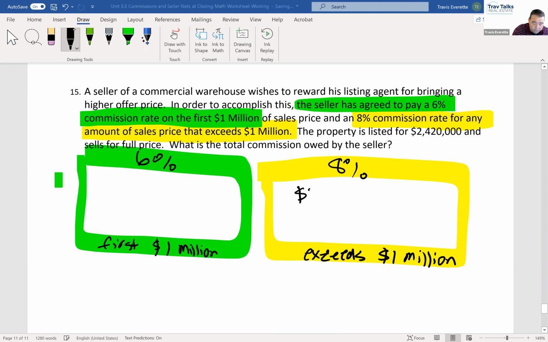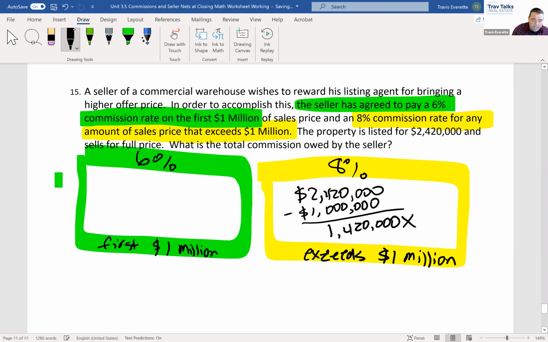So we're going to look at $2,420,000, but we have to get rid of the $1 million that we're not going to get paid on here, because we only get that on the amount that exceeds it. So that's going to be $1,420,000 times the 8% rate. And then we got 6% on the first $1 million. So that takes care of that $1 million that we just knocked out over there.